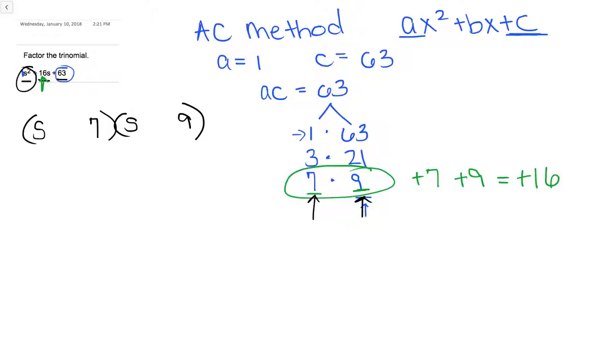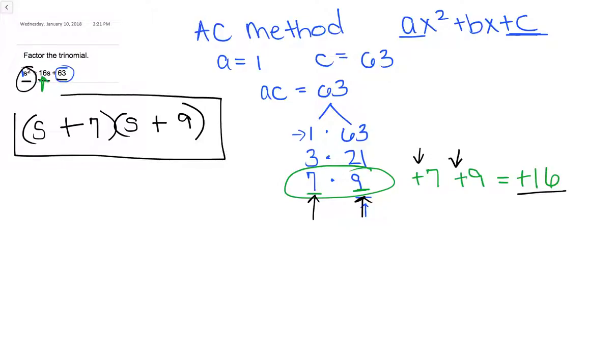And since I need a positive 7 and a positive 9 to give me that positive 16, I'm going to have two plus signs here. So this is my answer. This is my factored form of the trinomial.